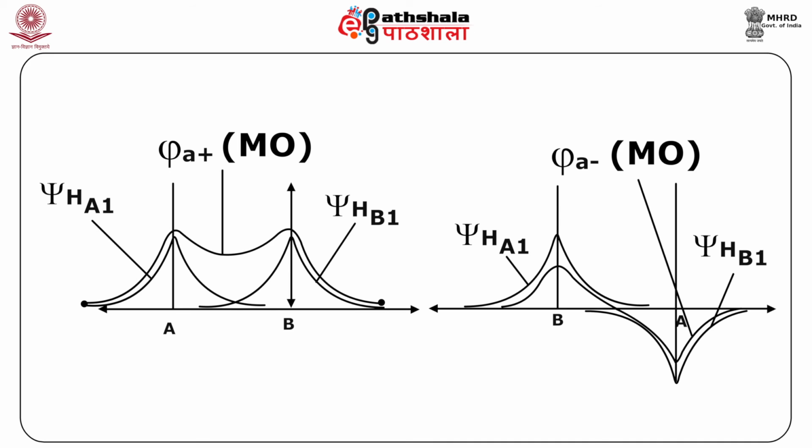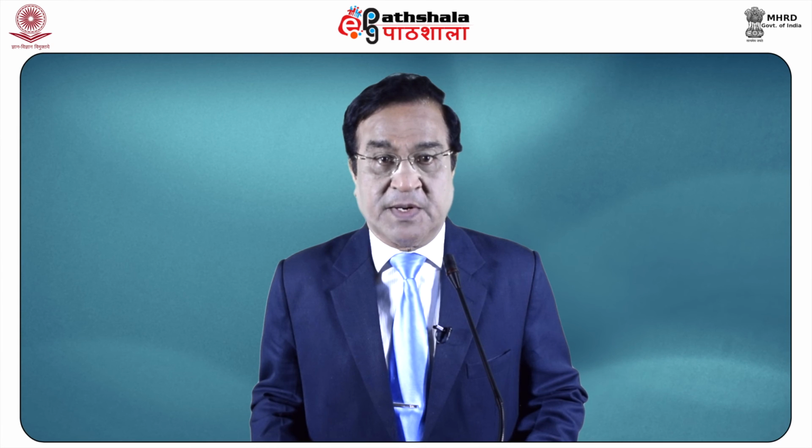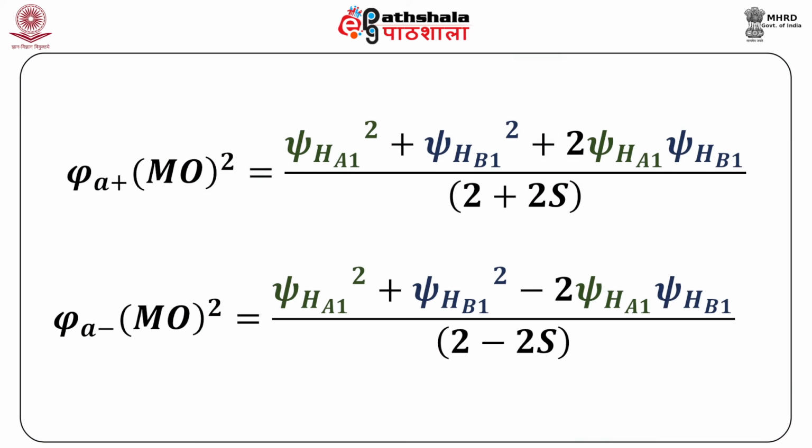And this minimum is very well reflected in the probability density plots. Probability densities, as you know, are the squares of the corresponding wave functions, and for the bonding and anti-bonding molecular orbitals, these are given by the expressions shown here.